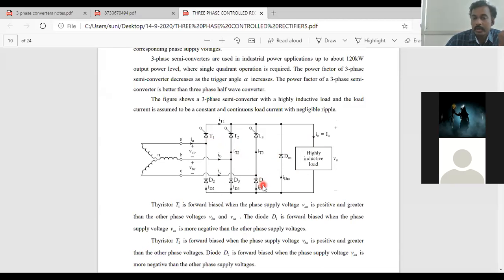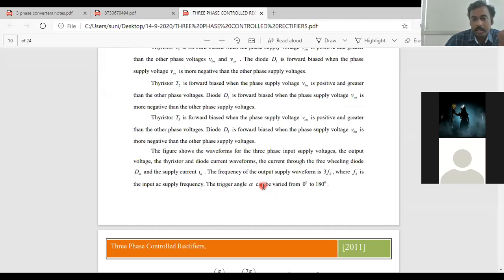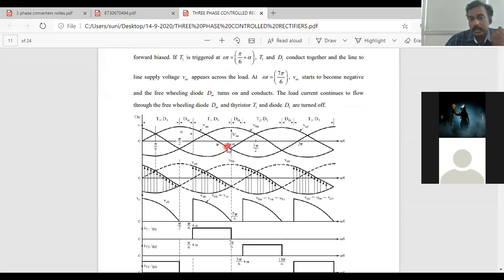You can consider the conduction instant clearly: T1 D1 conduct from this point to this point. After that, the freewheeling diode acts, making the inductor current discharge in its own path, and its discharge is completed. Once the inductor is charged in the reverse direction, D1 moves to the blocking state.